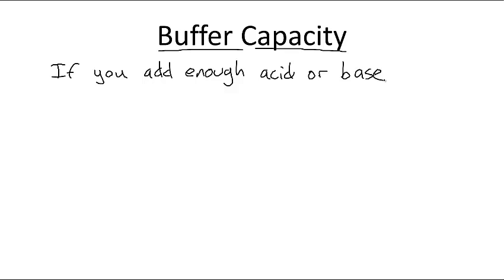If you add less heat, the temperature change will just be smaller. If you add more heat, the temperature change will just be larger, but it's proportional. With a buffer, what we find is there's a threshold. And if you overcome that threshold, the pH will change wildly. And we'll do a calculation to show that in a minute.